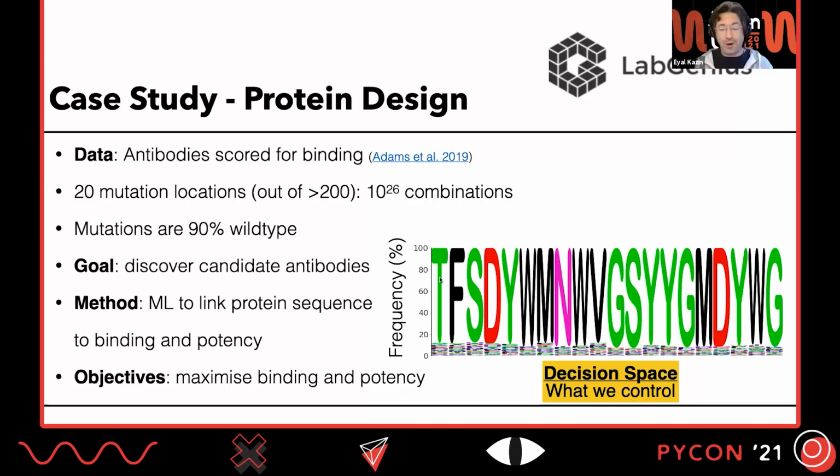That's why I love the knapsack problem, because it happened to be applicable in what I was doing. Here you can see the data is very skewed: in this position, it's 90% T and only 10% these other letters that represent amino acids. I was dealing with a very large combinatorial space, like 10 to the power 26, calculated by 20 positions to the power 20 amino acids.